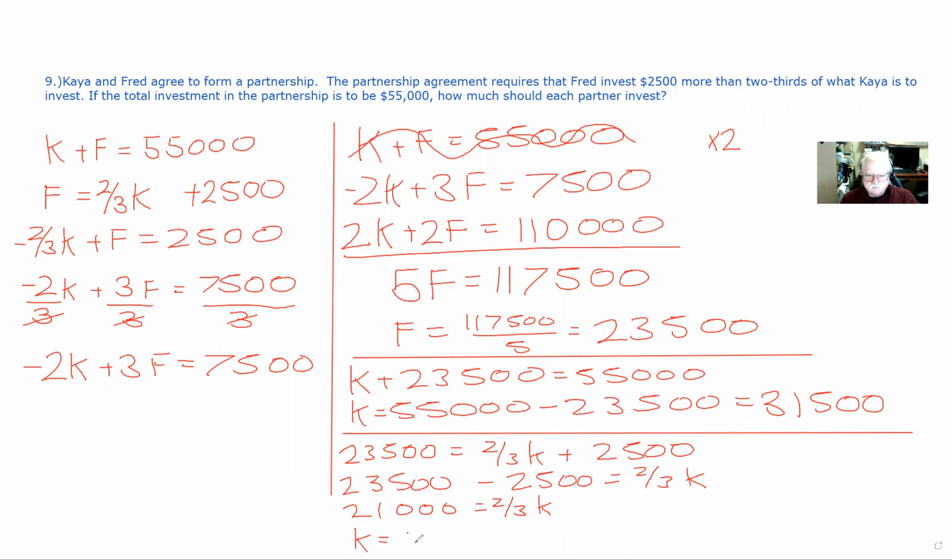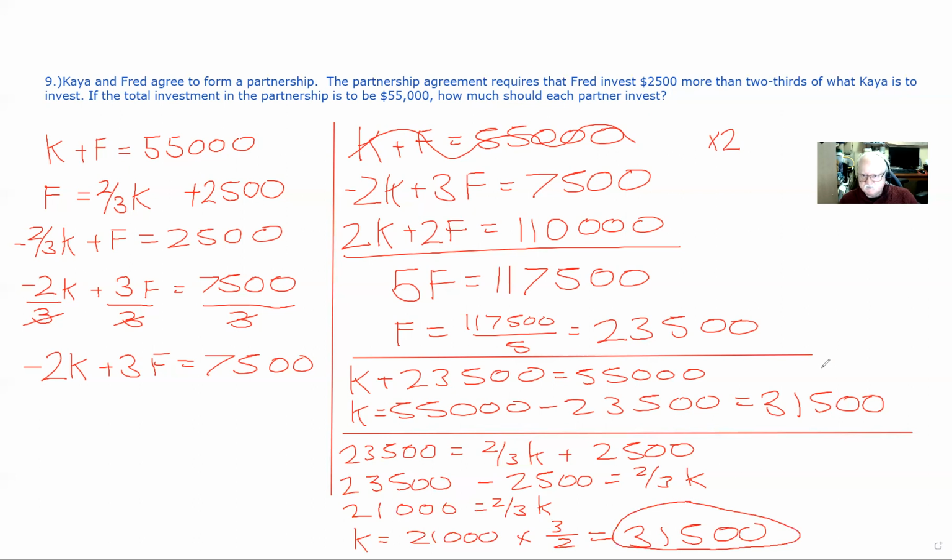So K equals 21,000 times 3 over 2. So 21,000 times 3 divided by 2, and incredibly enough, 31,500.